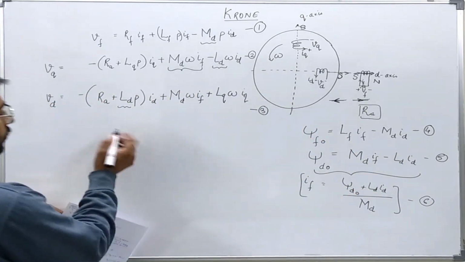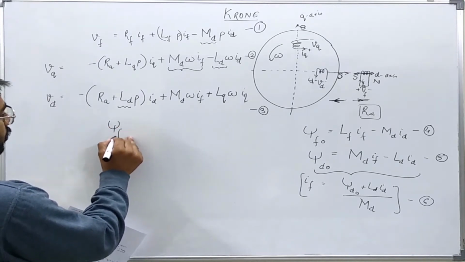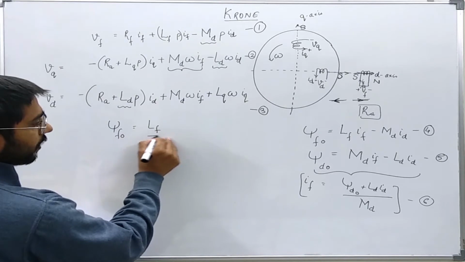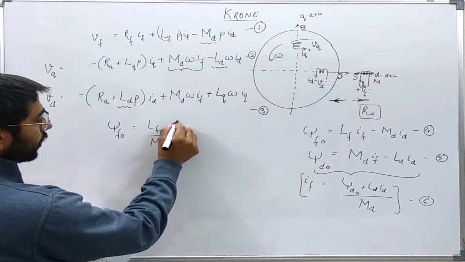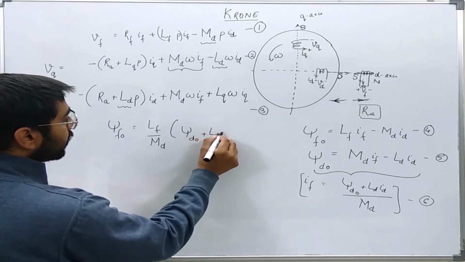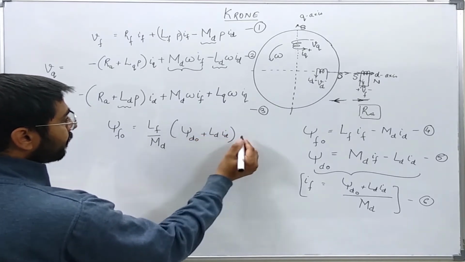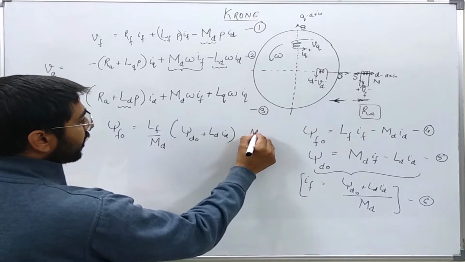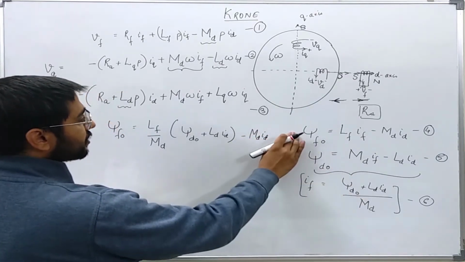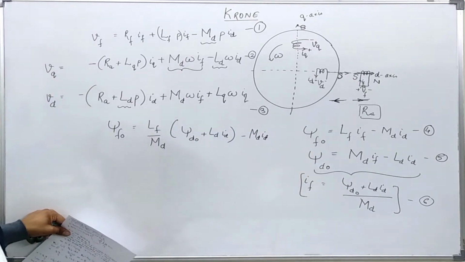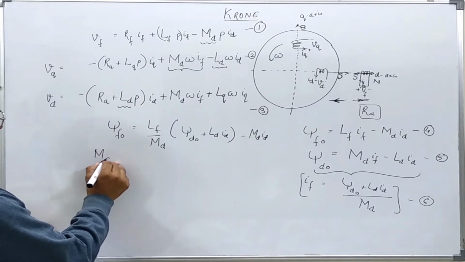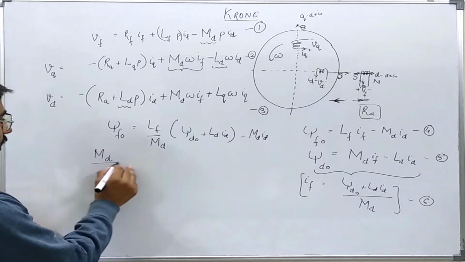Okay, so psi f naught is equal to LF over MD into psi D naught plus LD ID minus MD ID. That is, I have put this value in equation number 4. Now I will multiply both sides by this quantity.